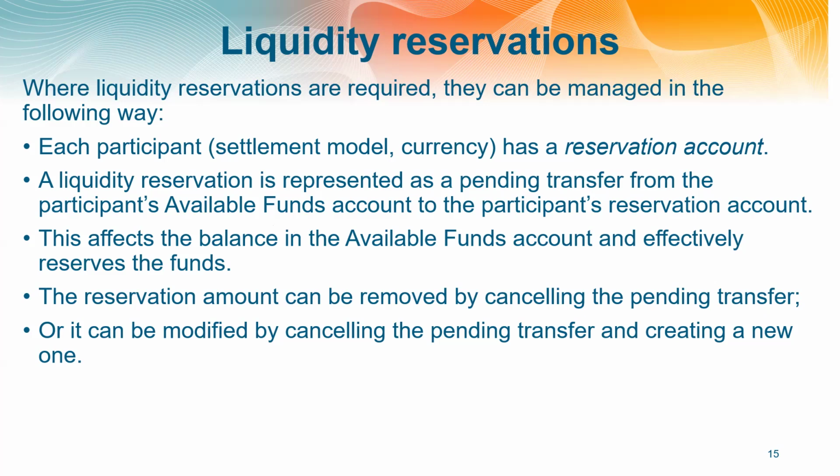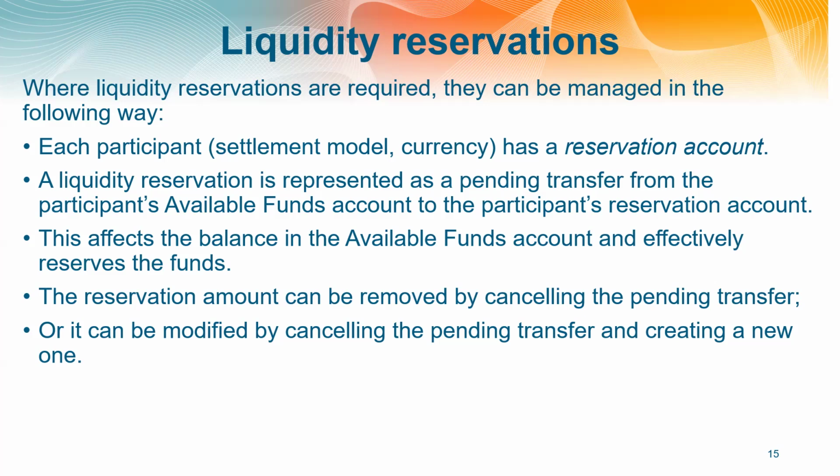I make a pending transfer from my available funds account to the reservation account of 50,000, and that has the effect of lowering my available funds balance from what it was to 50,000 less than that.